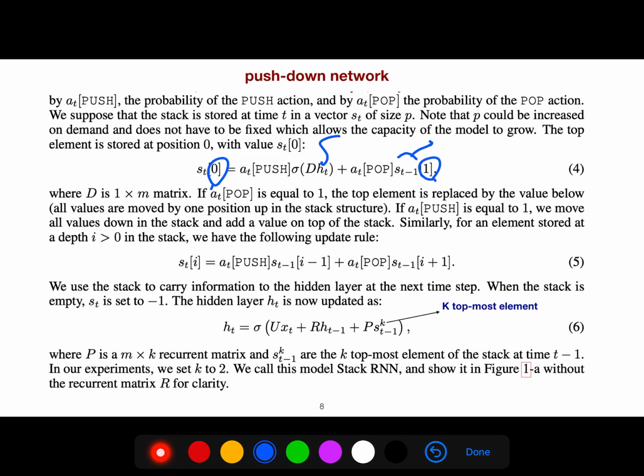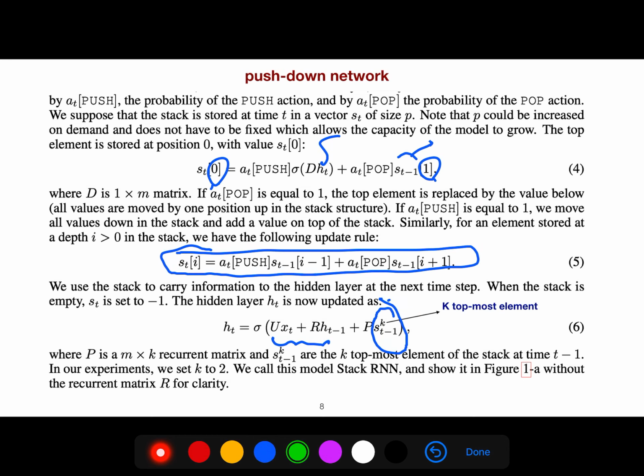So this is how it is updated. But in general, this is the law. And here, I mean, the K topmost elements. So until here is your traditional recurrent neural network that you are proud of. But if you just add the stack, you will see how important it becomes.